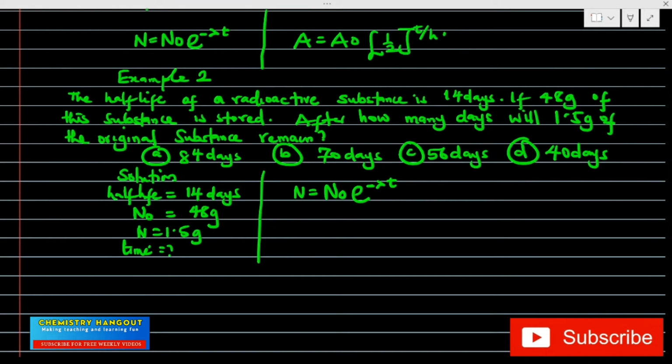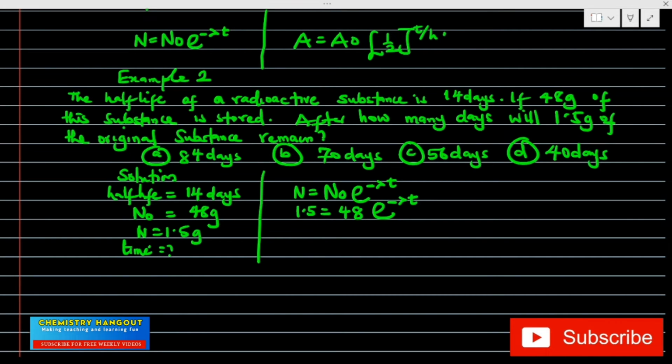Remember, so what is our N now? We have gotten our N to be 1.5, equals our N naught, which is 48, exponential minus lambda t.